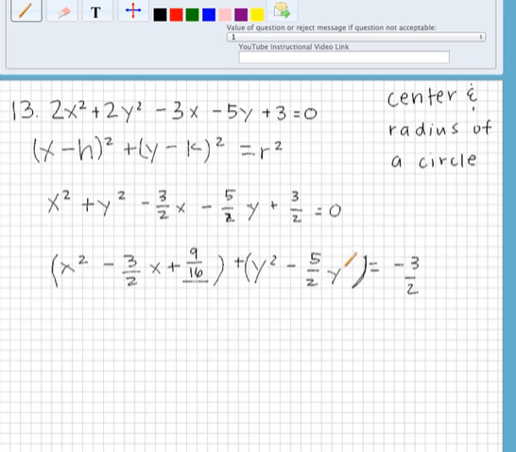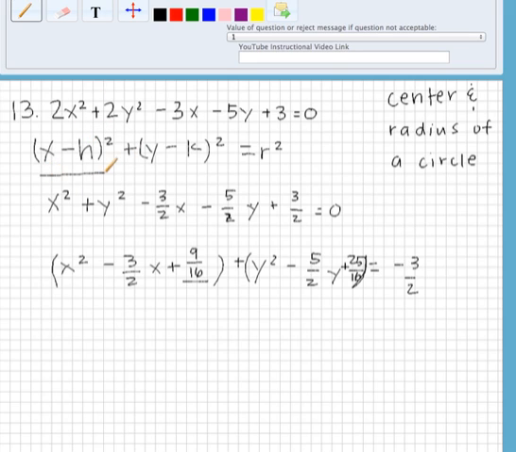Then on this side, we do the same thing, which is going to be 5 over 4 when you divide by 2, and then you square it, which is going to be 25 over 16.